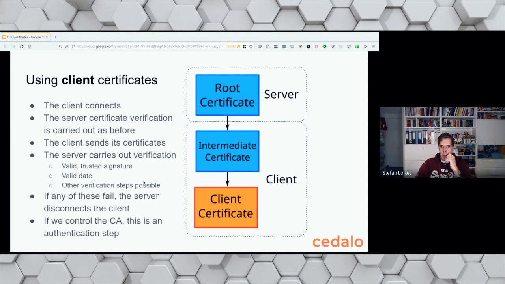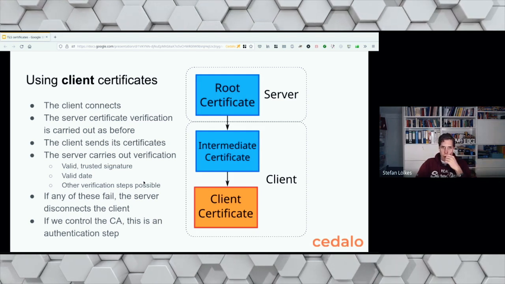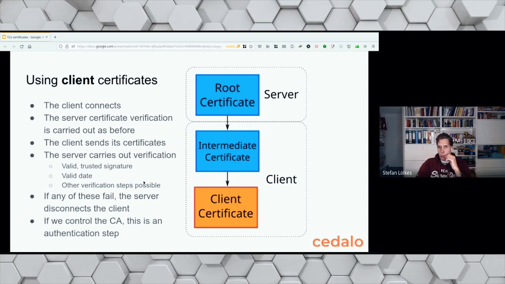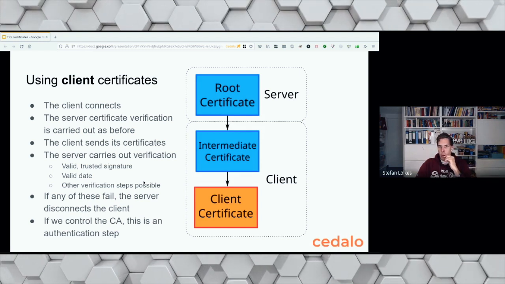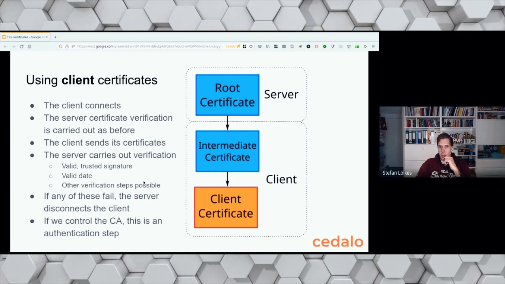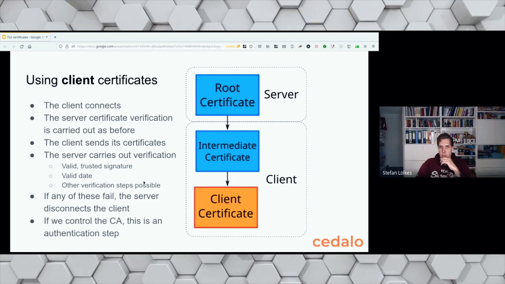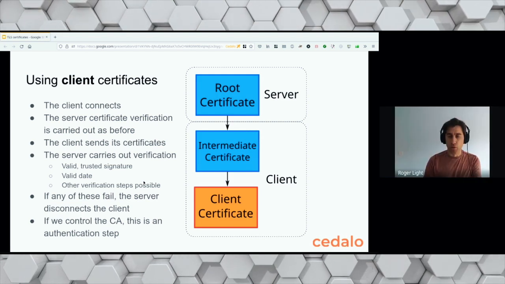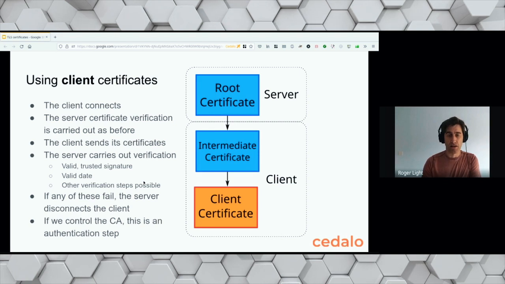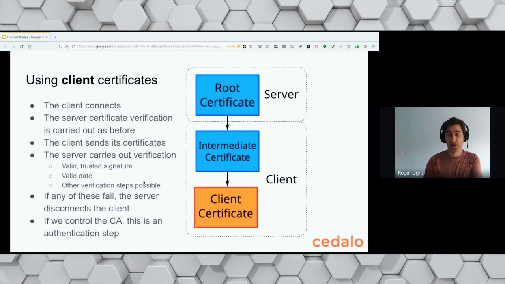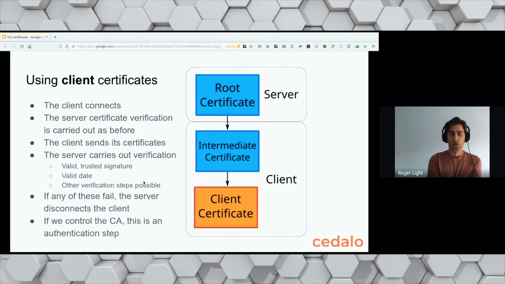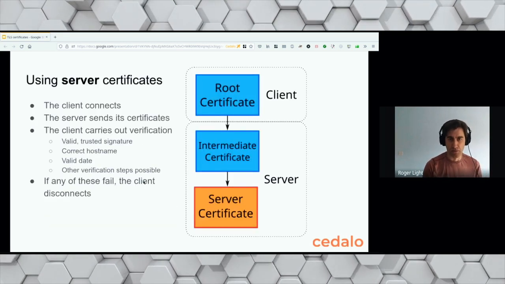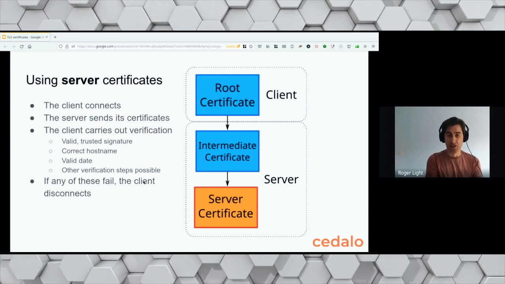The question is, why do I have to give that orange one, if I anyhow always have to give the intermediate certificate? I always have to give them both, or what we have to do is we always have to have a complete chain. Okay, I'm just going to go back a few slides, because this is more the way we usually think about it.